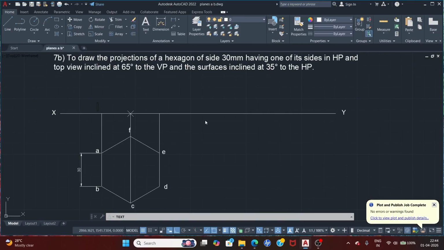So in the answer the letters are different. So don't get confused here. I just changed the letter format. That's it. Okay.